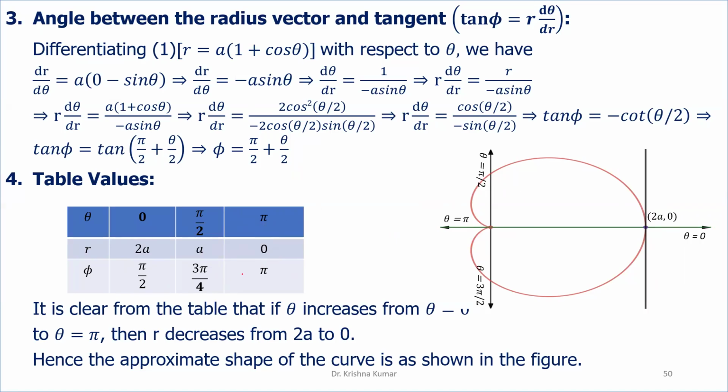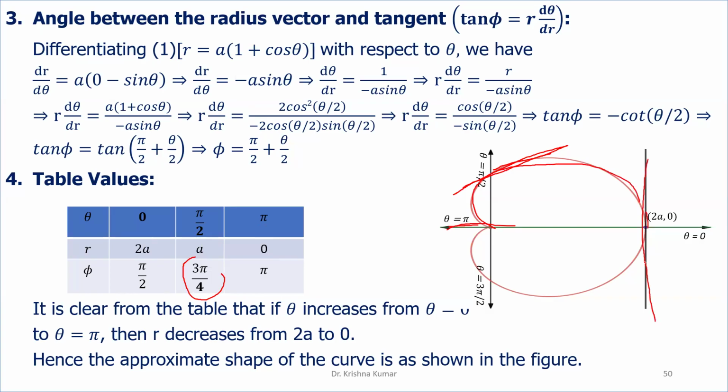And if you put theta equal to pi, the value of this is 2a. And at theta equal to pi by 2, at this point, what is the tangent? It is 3 pi by 4. So this is tangent at this point, this is tangent at this point, and this is tangent at this point.